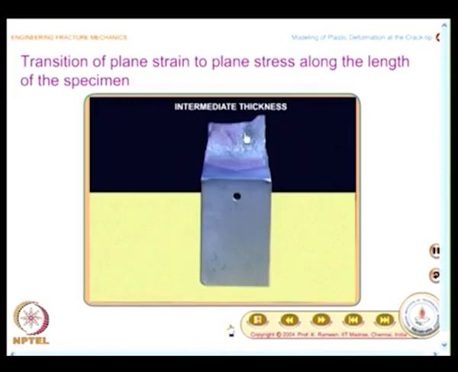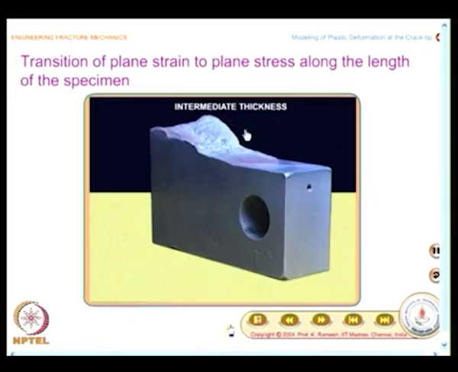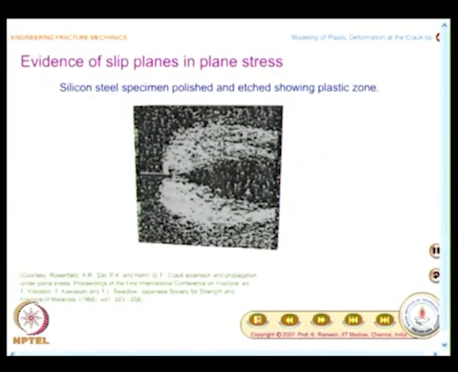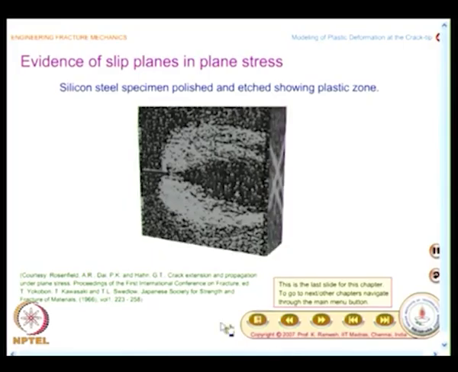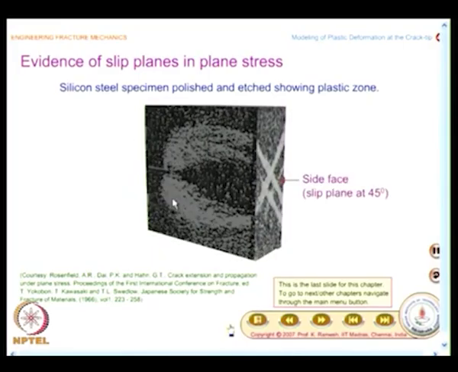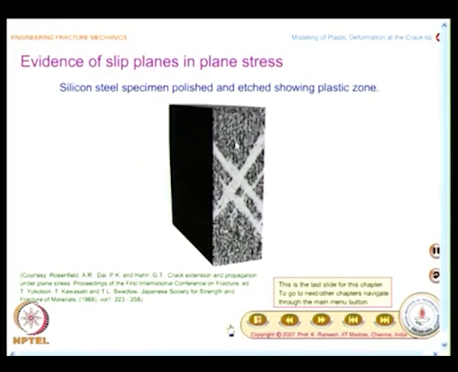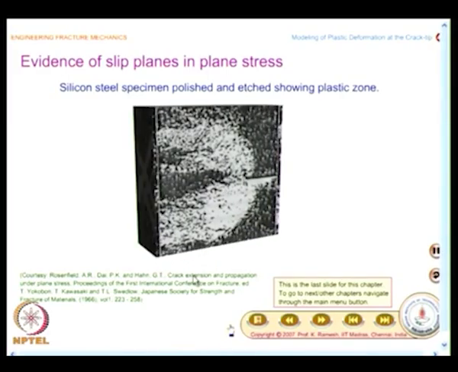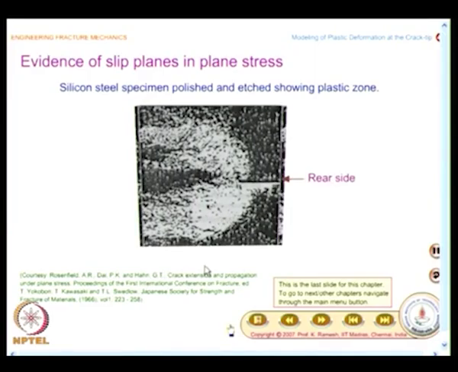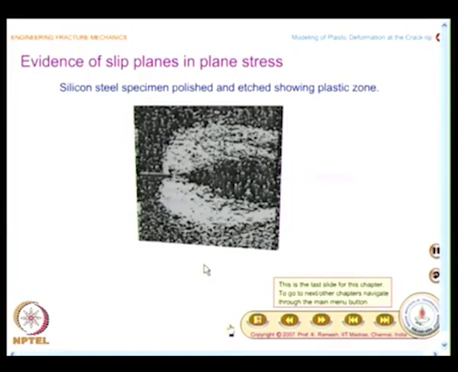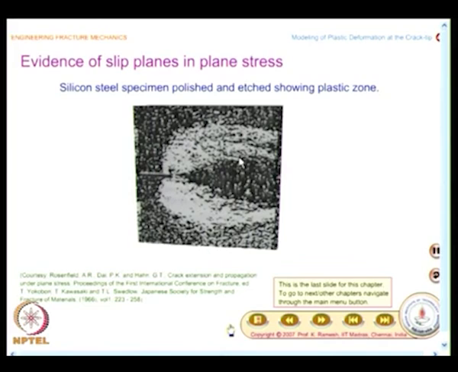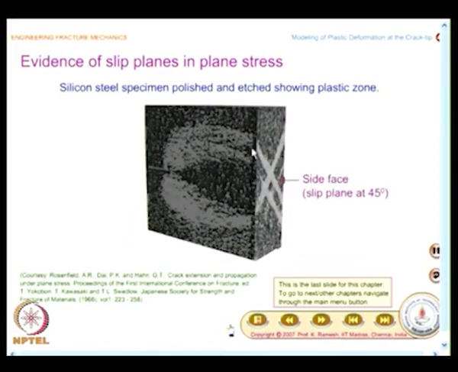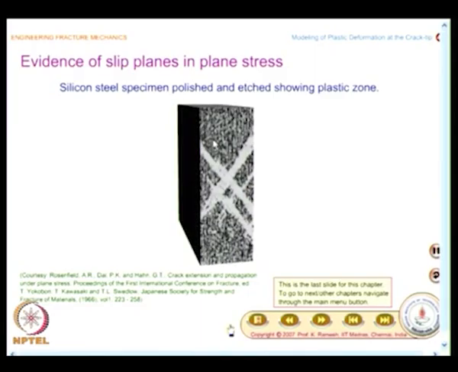So, you have an experimental evidence, and there is also a very nice set of results reported by Rosenfield and his co-workers. In fact, the plastic zone on the surface over the thickness and the rear surface were bundled as a 3-dimensional picture by my students, and they have nicely provided this animation, and you indeed see ahead of the crack slipping takes place at 45 degrees.